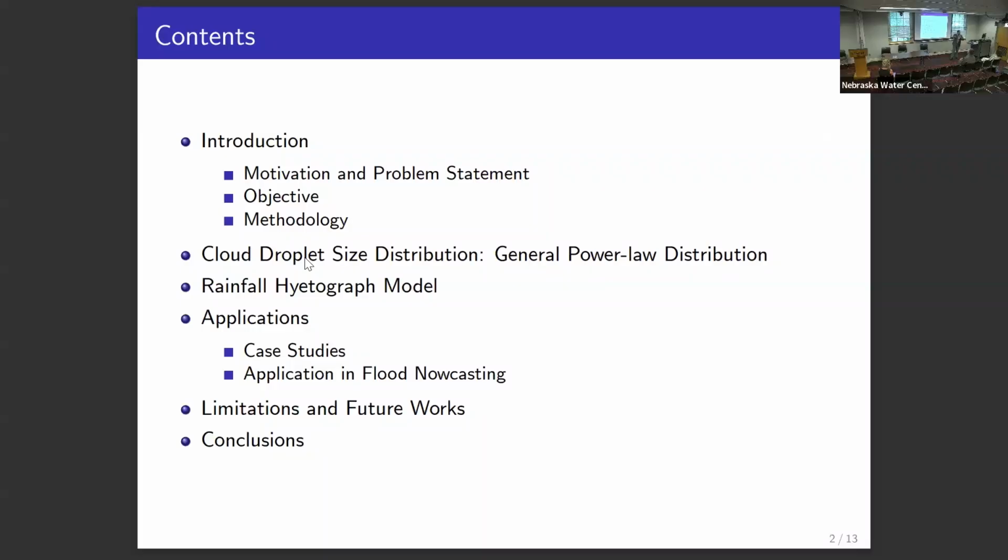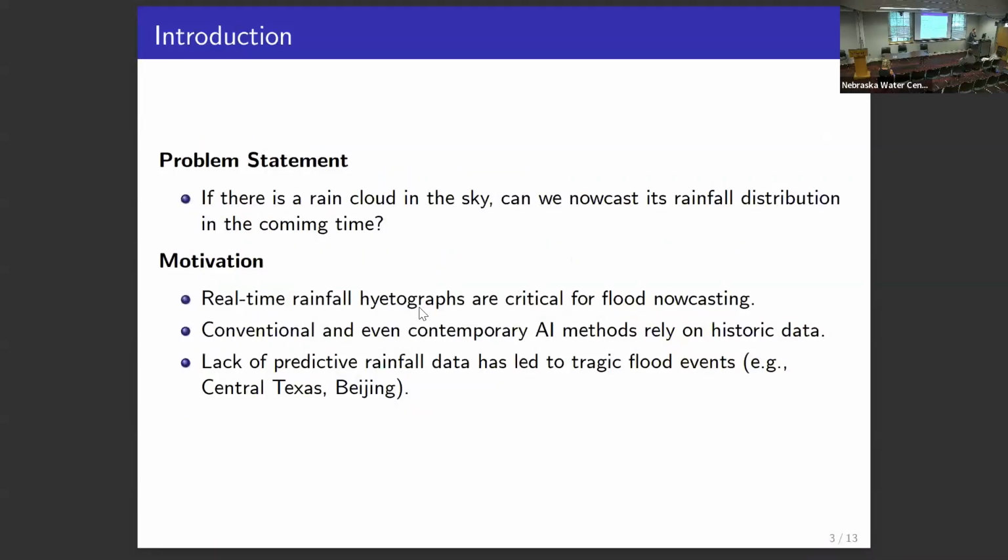The raindrop size is exactly similar to this, except now we have raindrops, droplets in air. Once we know this, we can predict the hydrograph model. So what's the straightforward question? If we have a cloud in the sky, can we forecast its rainfall distribution in the coming time, in the coming 2 hours?